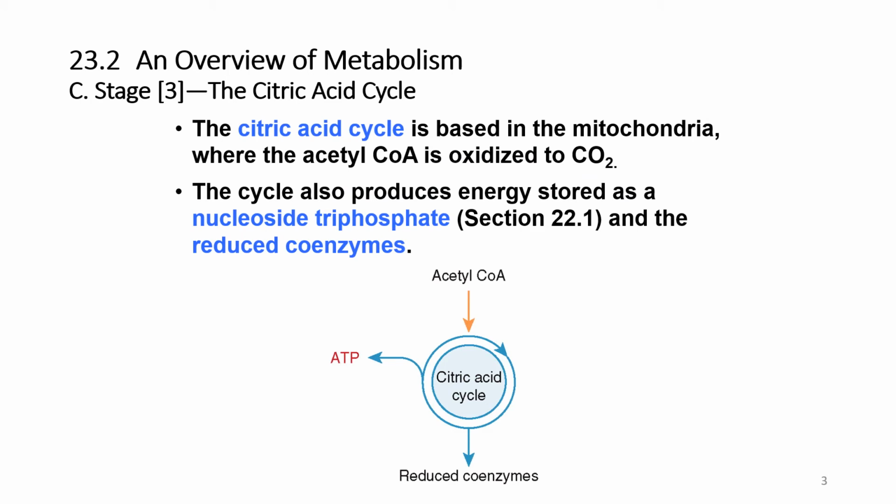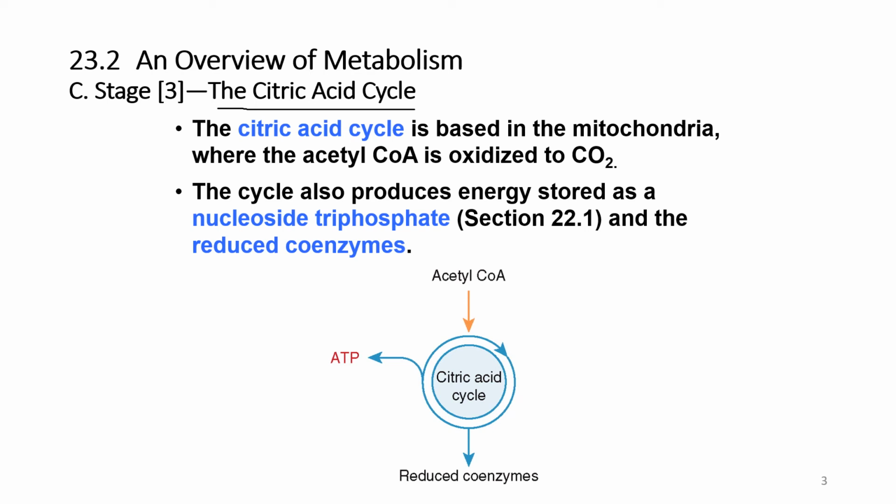Stage three is the citric acid cycle. So those acetyl-CoA groups can be fed into this cycle. You'll see that glycolysis is a linear pathway. The citric acid cycle, or TCA, can also be called, it's got a number of names actually.